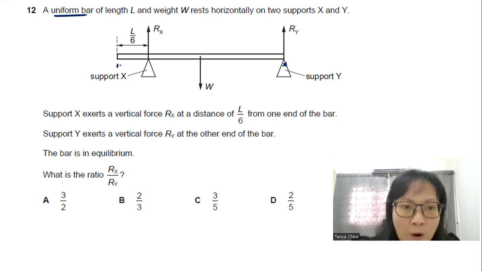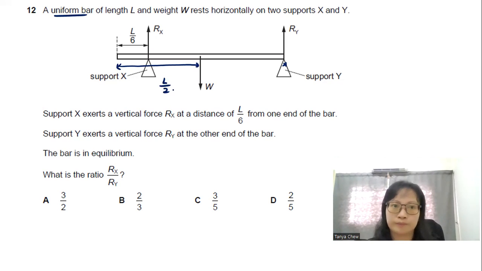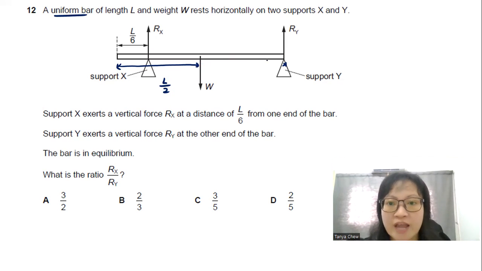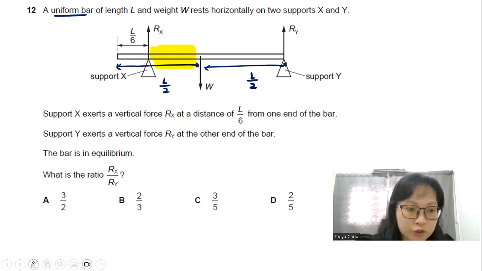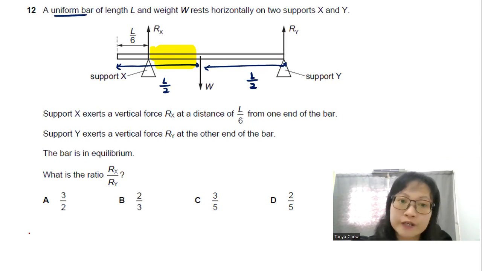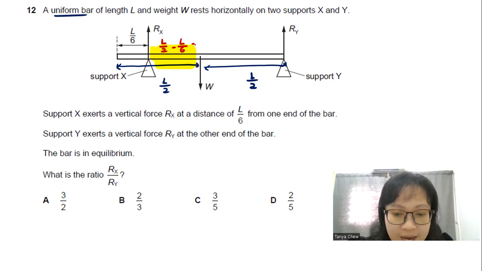So the distance from the end to the weight is L over 2, and from the weight to the other end, to support Y, is also L over 2. To find the distance here, I need to find the difference between L over 2 and L over 6. L over 2 minus L over 6 gives me L over 3. So Rx to the weight is L over 3.